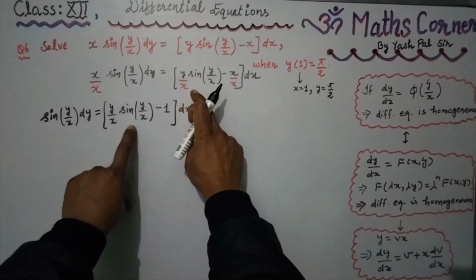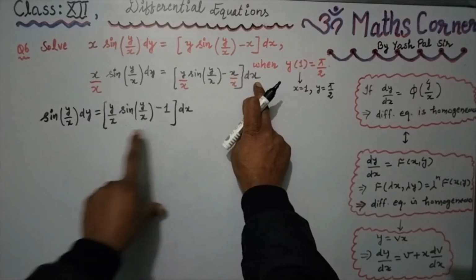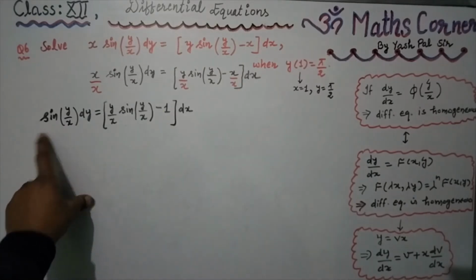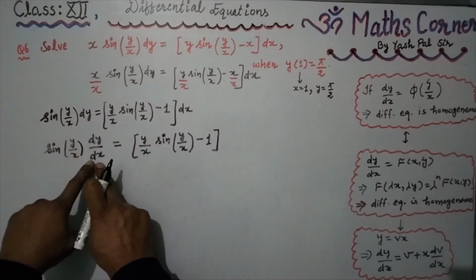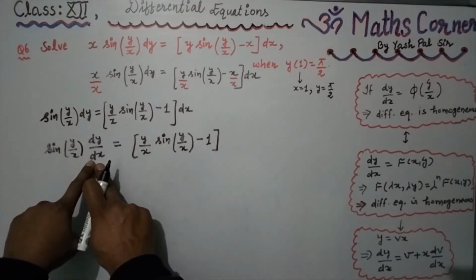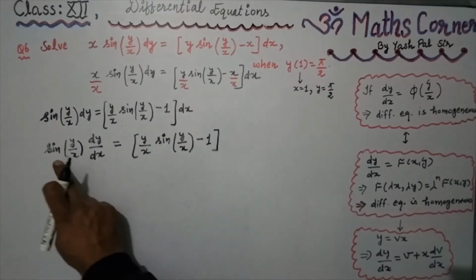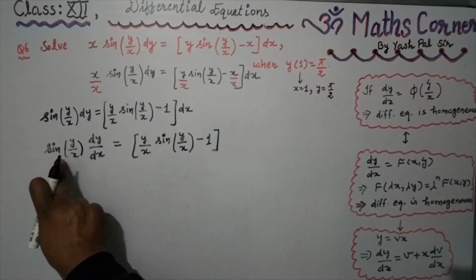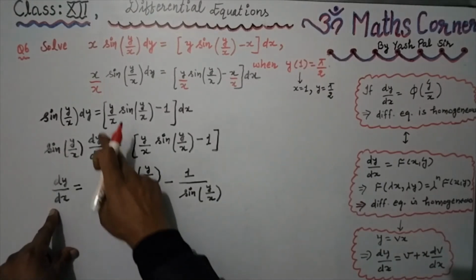So x cancelled, we are left with sine of y upon x into dy is equal to y upon x into sine of y upon x minus 1 into dx. Now we write this as dy upon dx, this dx comes in the denominator of the left hand side. Rest everything is the same.